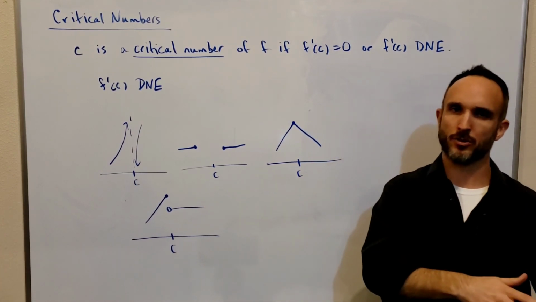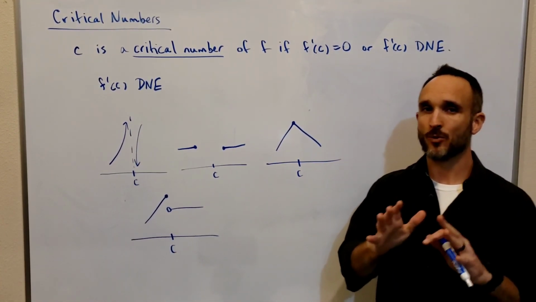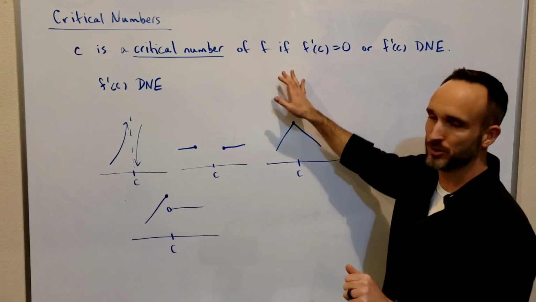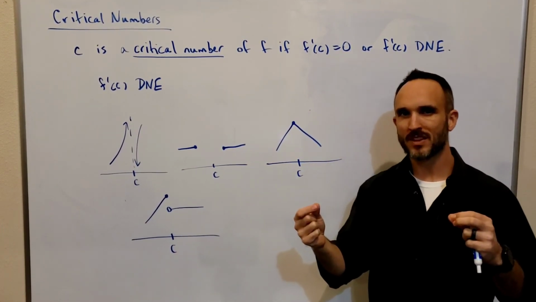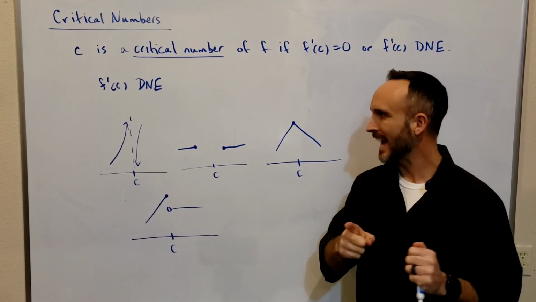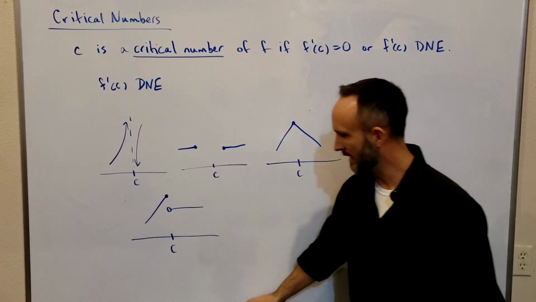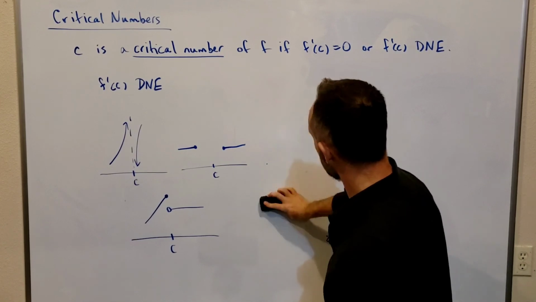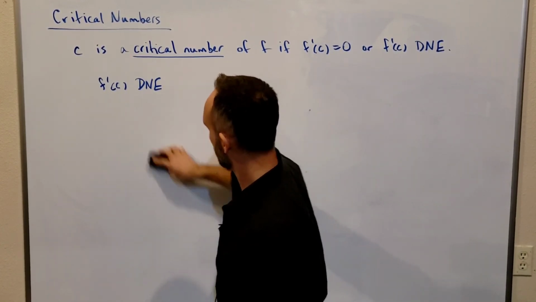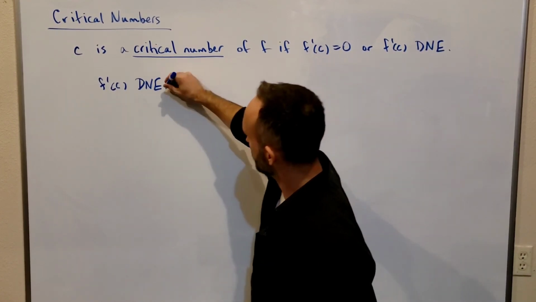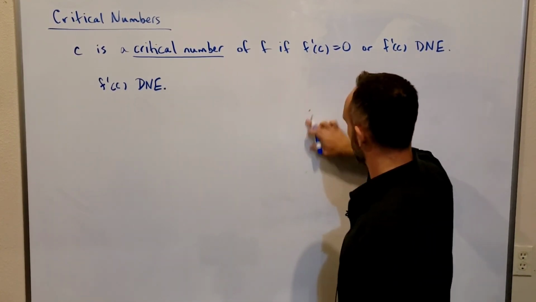There are examples where the derivative does not even exist. And the reason we call these critical numbers is because if you have a relative minimum or maximum, they have to occur at a critical number. So that's kind of key. The importance of critical numbers is that that's where relative max or min values have to occur.